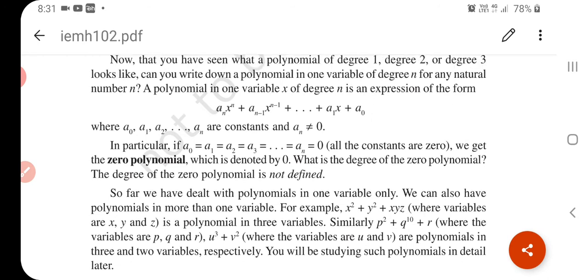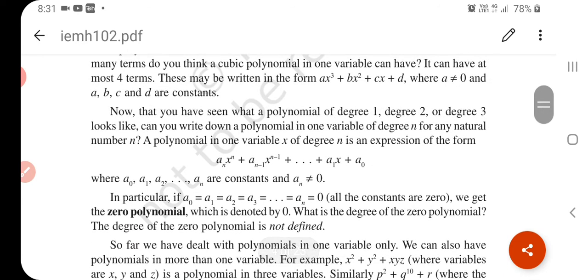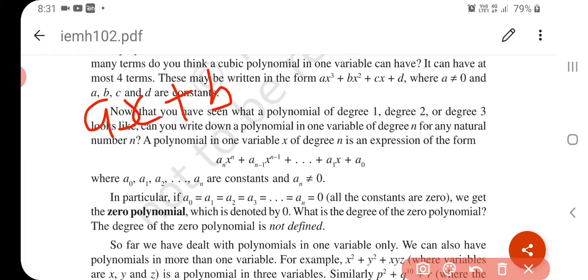See here, you have seen polynomials of degree 1, degree 2 or degree 3. Can you write down a polynomial in one variable of degree n for any natural number n? If we talk about a polynomial of degree 1, the standard form is ax plus b.